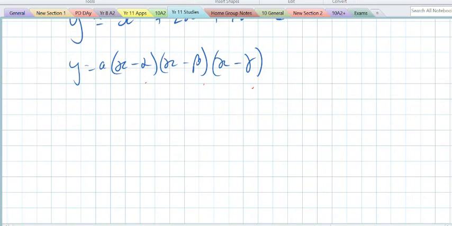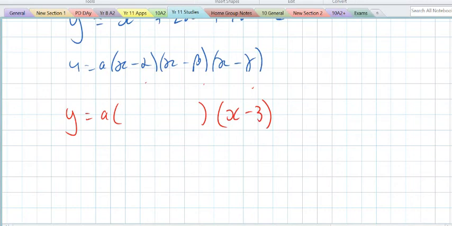Alright? What's equally likely is if you put it in your calculator and it comes out as 1 real root, then this is what you have. You have y equals a, and then in here is a quadratic, and if you found the 1 real root, because cubics always have 1 real root, say that real root's 3, you'll have x take 3. Alright? And what you're still missing is the quadratic here.